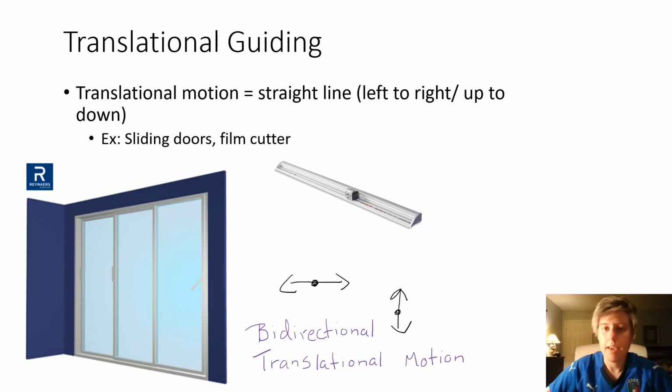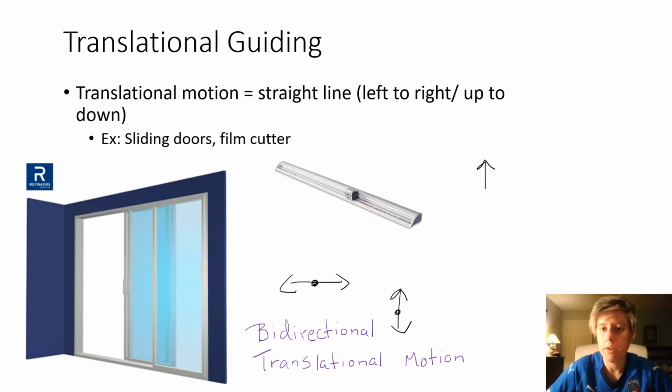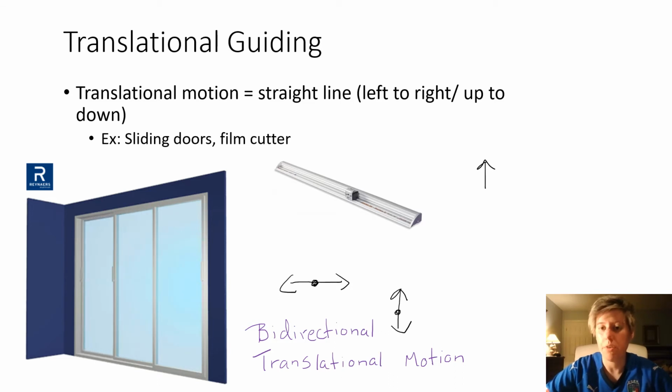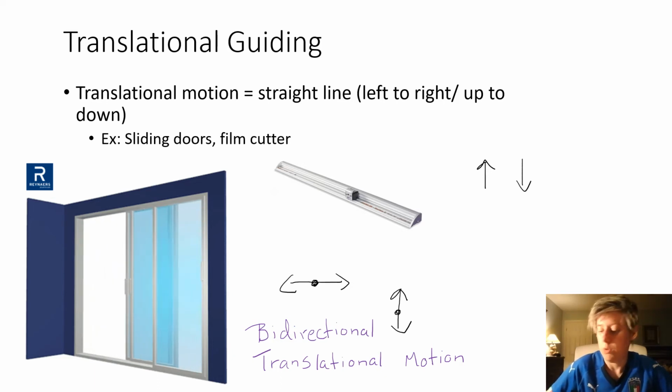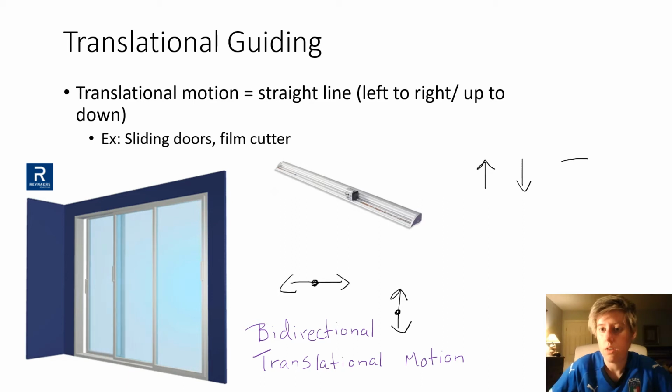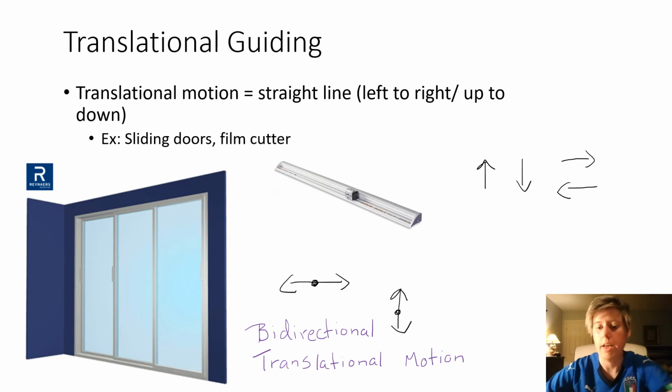Now, let's say my object only moved in one direction, so it would be your same direction motions, but only in one particular direction. So if I have something like this, it means I'm having unidirectional translational motion upwards. Something like this, unidirectional translational motion downwards, unidirectional to the right, unidirectional to the left.